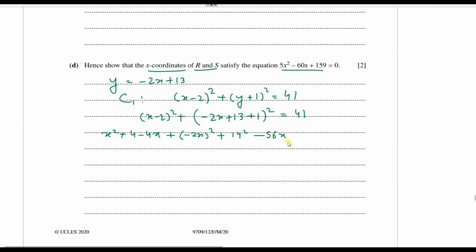We can rewrite it: we get x square here and 4x square here, which gives 5x square, and minus 4x and minus 56x become minus 60x. Then 4 plus 14 square, which is 196, and minus 41 from the other side, 200 minus 41 is 159. So we got 5x square minus 60x plus 159, and hence proved.